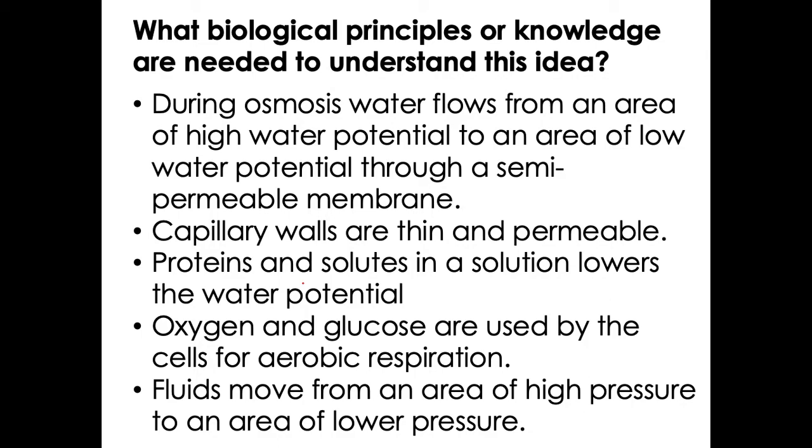And again, this idea that fluids, and gases and liquids can be called fluids, will always move from an area of high pressure to slightly lower pressure, down a pressure gradient. And we've seen that time and time before through the course. Most recently when we've looked at ventilation, how we can change the pressure in our thorax.